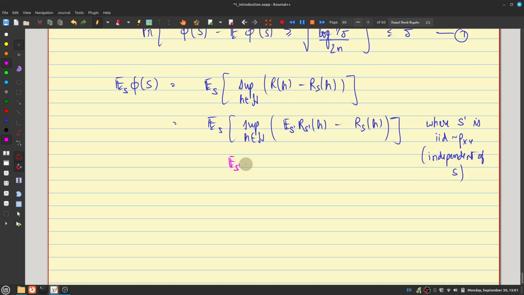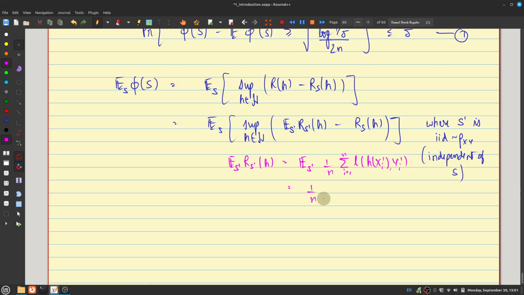Expected value over S prime of RS prime of h is nothing but the expected value over S prime of 1 over n summation i equal to 1 to n L of h of xi prime, yi prime, right?